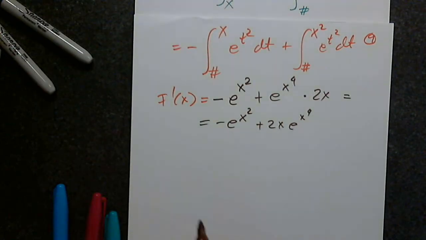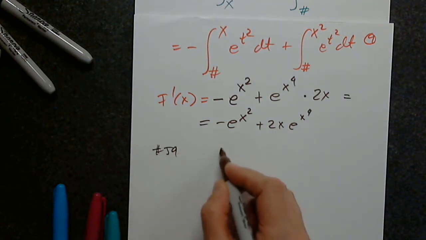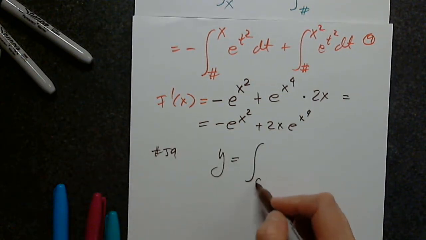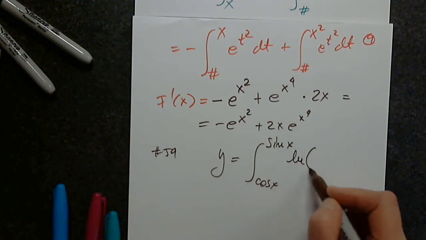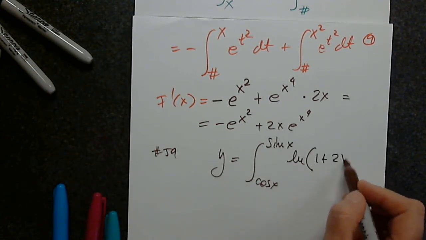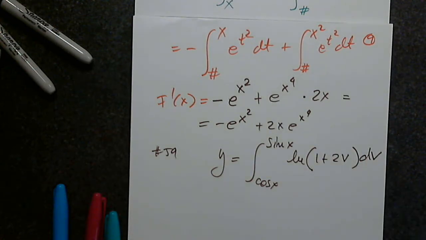And I'll wait for a minute for you to work on it. 59 is y equals the integral from cosine x to sine x of natural log in parentheses 1 plus 2v dv. Okay, 2 minutes.